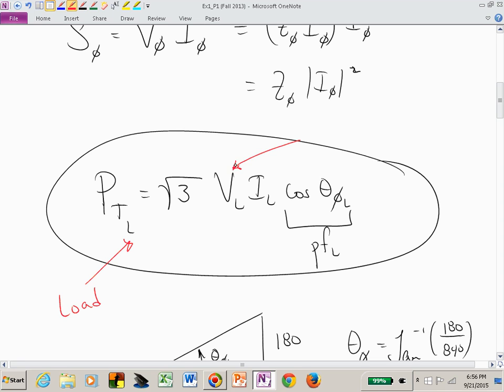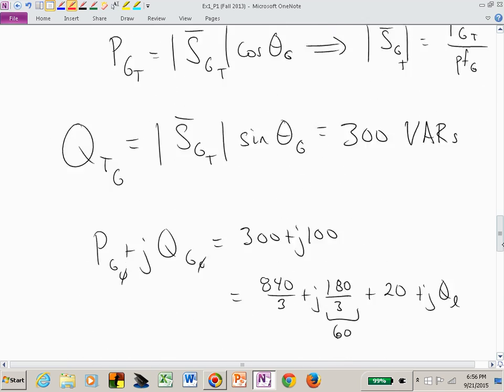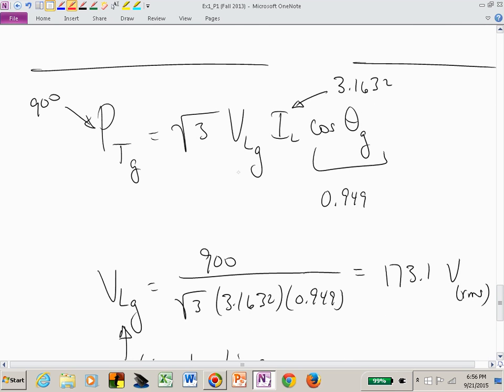This, in this formula, is then the line voltage at the load. The line current is the same in the source and the load, but this voltage here is the line voltage at the source. Same formula applied in two different locations.